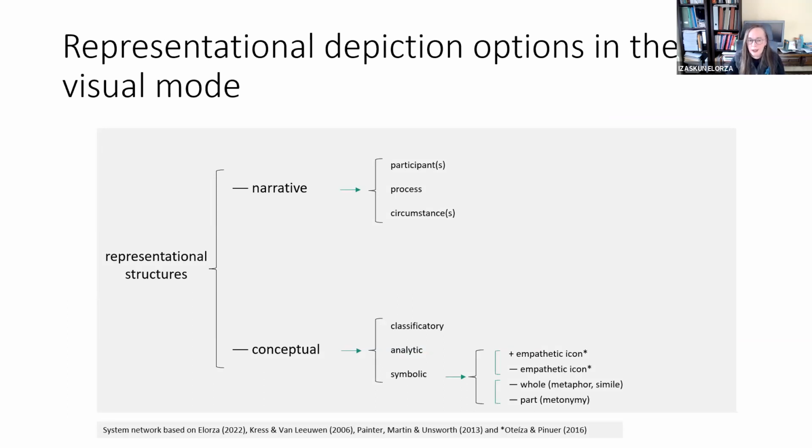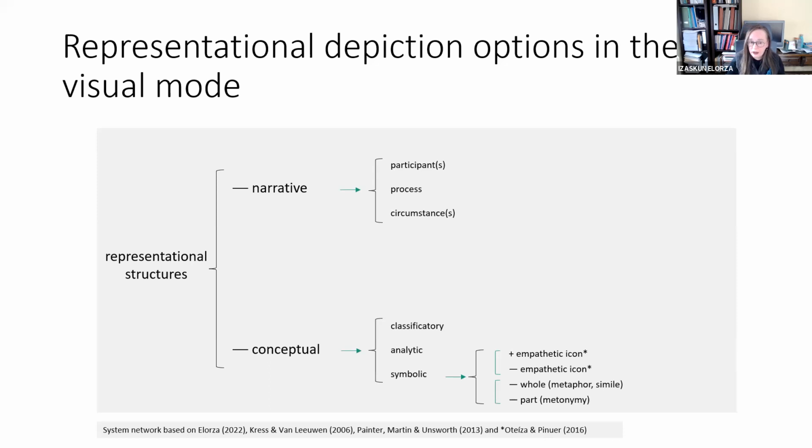So we need some kind of representational structures to look into that. And something that is going to be relevant is the distinction between narrative structures and conceptual structures, as I was saying. So picture books are narrative, characters are the participants being the focus of the narrations.